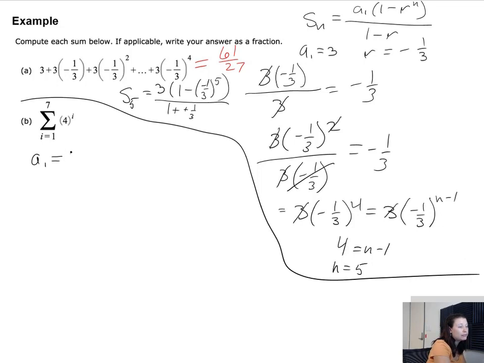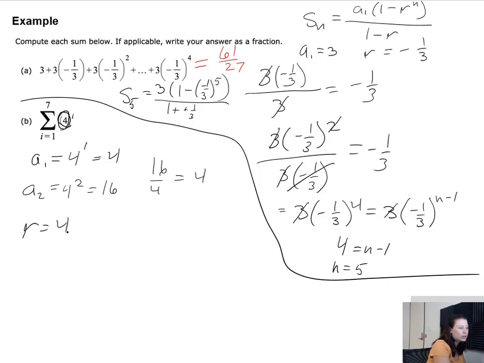So that means we have 4 to the first. Well, that's 4. Then we need to know r. Well, let's find a2. So then that will give us our common ratio, right? So a2 is 4 to the second, so that's 16. So if we take 16 divided by 4, we get 4. That's the common ratio right there, okay?